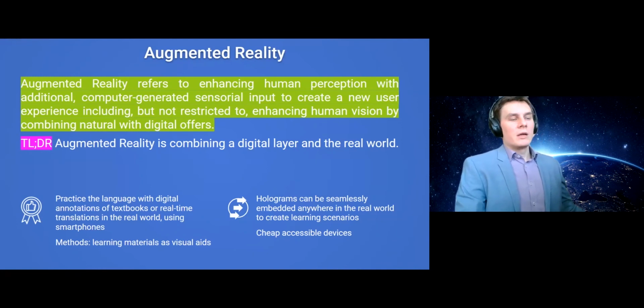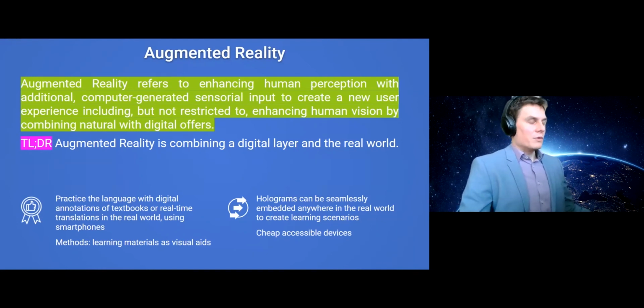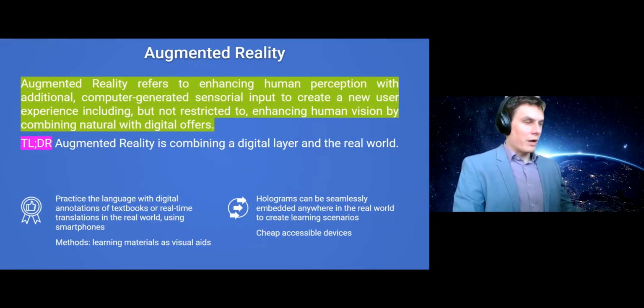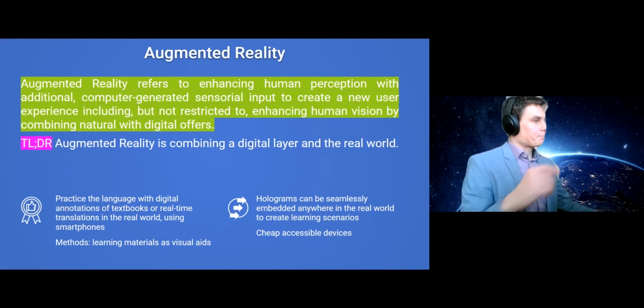So if you take visual augmented reality, you still see the physical world around you unobstructed, but you have a digital layer between the physical reality and your eyes, or your ears, that would provide you additional and useful information.